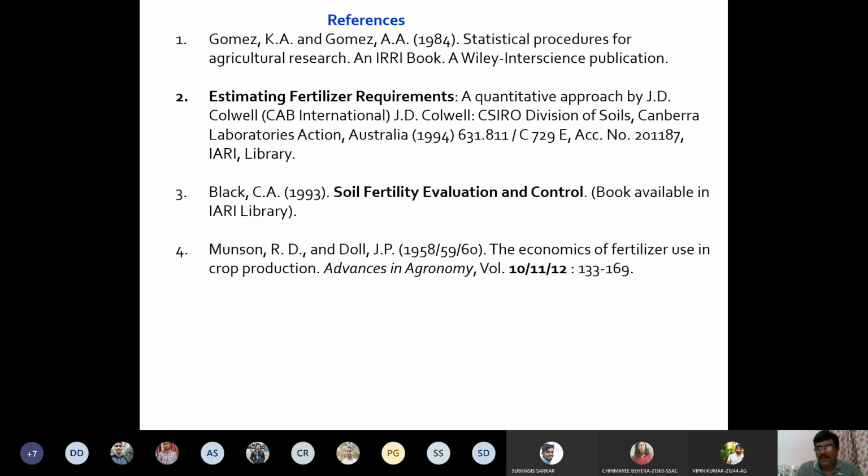Estimating fertilizer requirement, I have already given you the reference. And soil fertility evaluation and control, Black, you already know about it. And one paper is there by Munson, the economics of fertilizer use in crop production. I have a copy of this. Anybody interested can make me a request. I can send you by email.